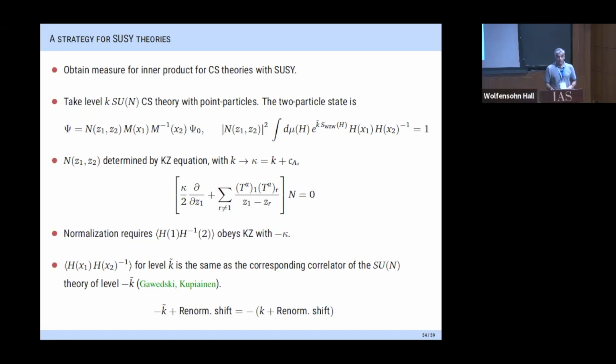On the other hand, if you go back and look at the work of Kawetsky and Kapanen, I'm not explaining it in great detail because that's a long saga.